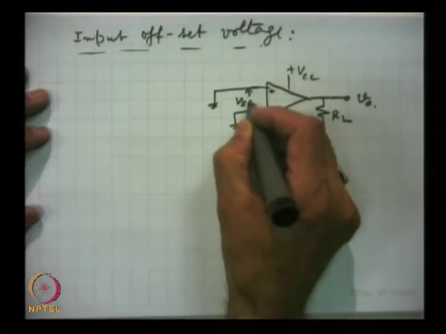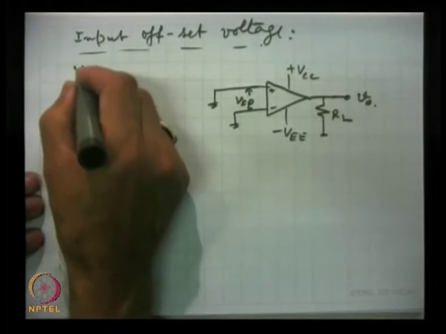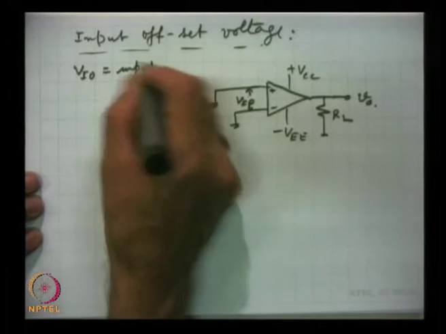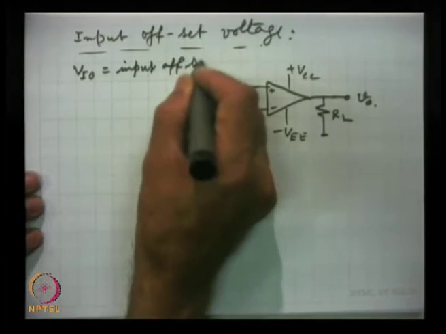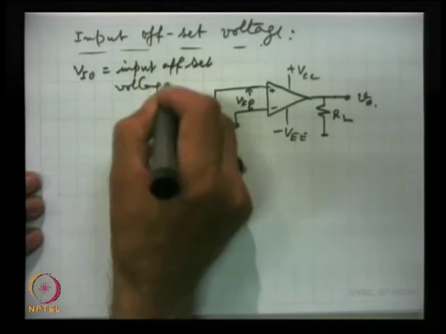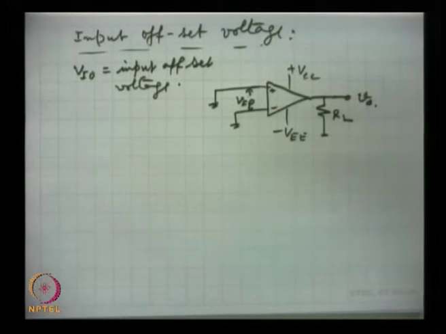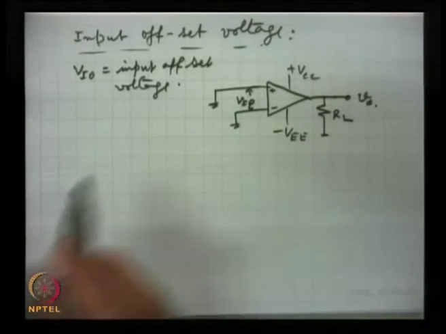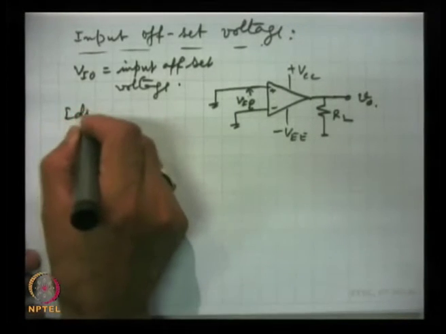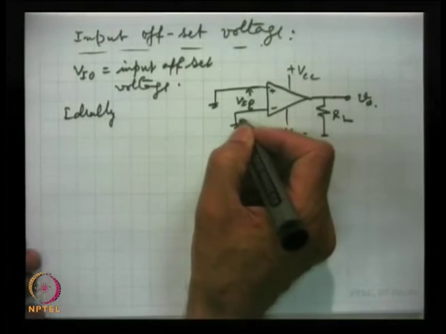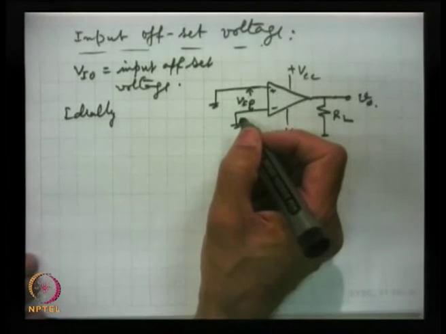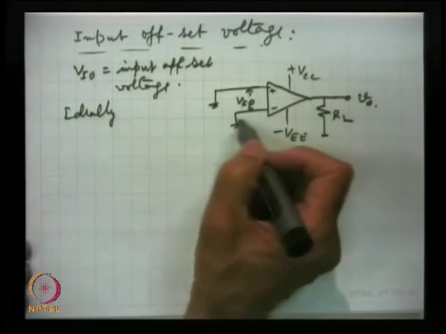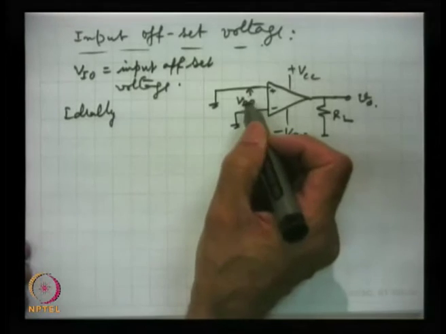VIO is the input offset voltage, and again this arises because of the mismatches. Ideally, there should not be any input offset voltage when we have not applied any signals. Both these inputs are grounded, still some voltage will exist.